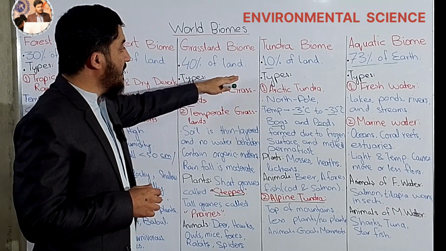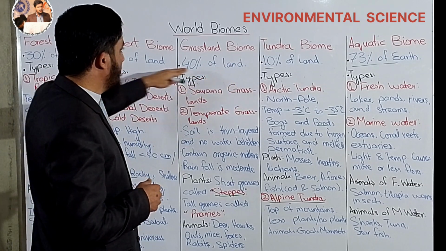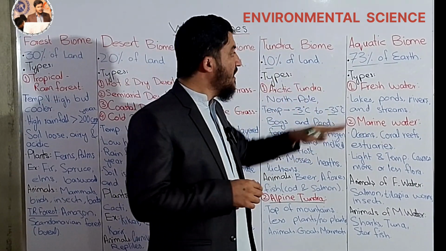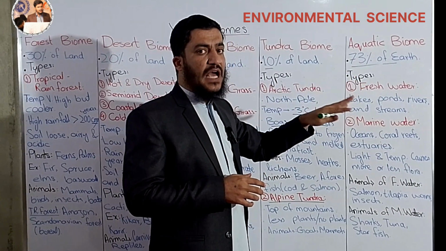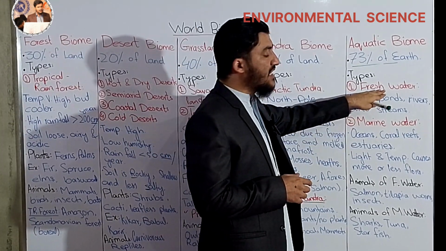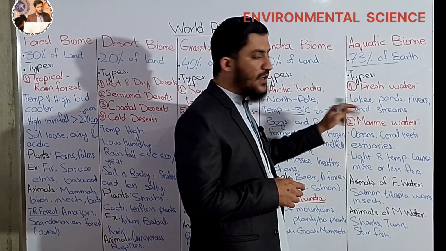While of the total surface of the earth, not of the land, 73% is occupied by water. Okay, and these are categorized into two types: the freshwater biome and the marine water biome.